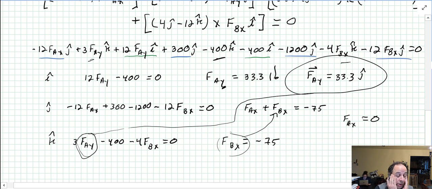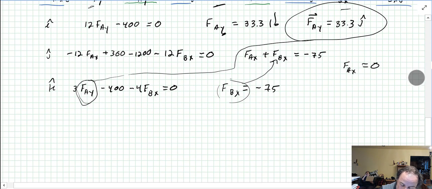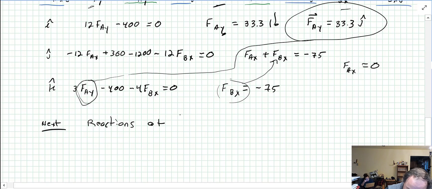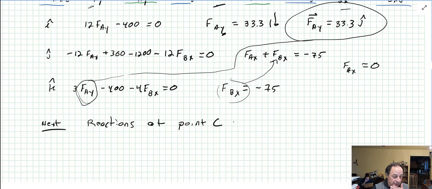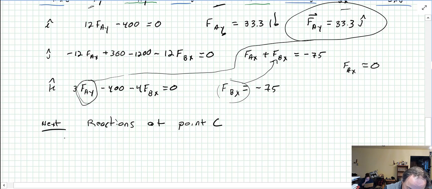Next, we're going to look at the reactions at point C. So here we're going to do sum of the forces to figure this one out. Sum of the forces in the X equals 0.